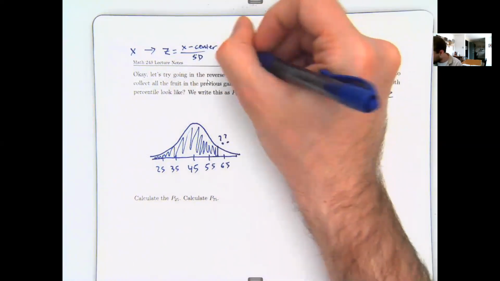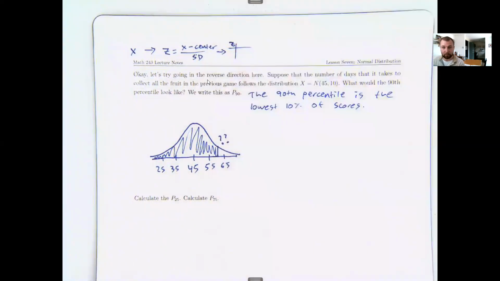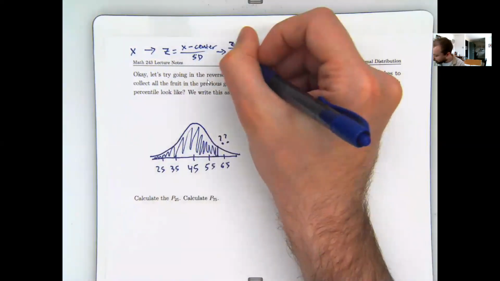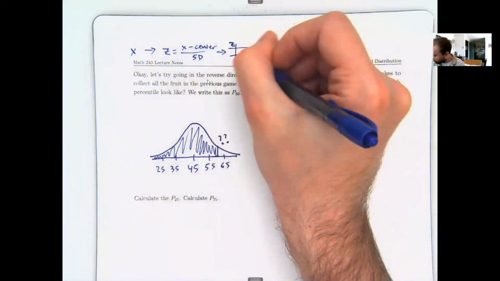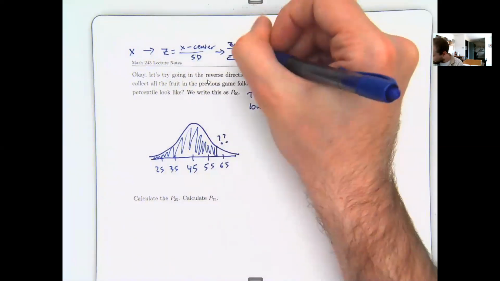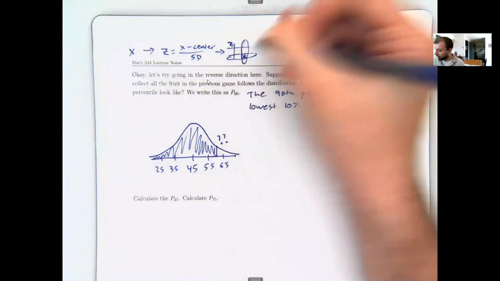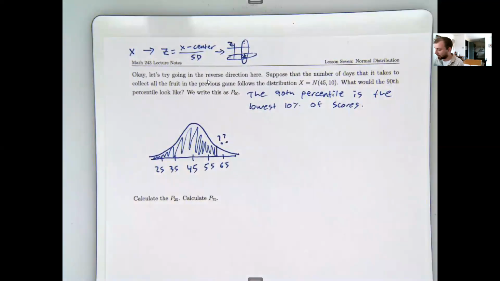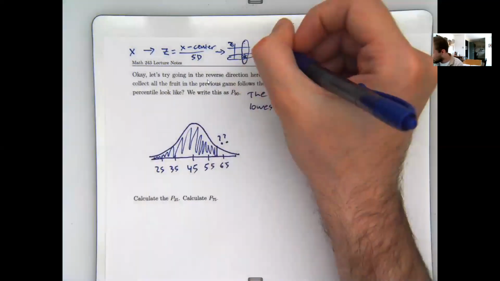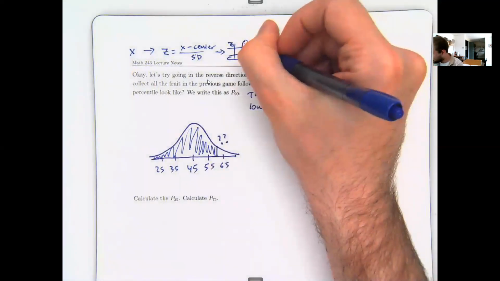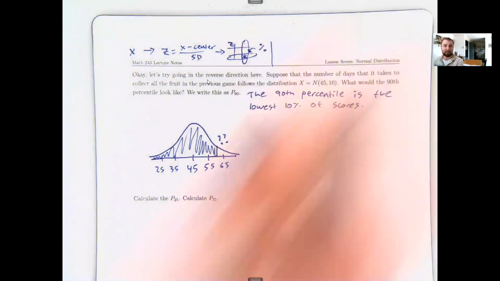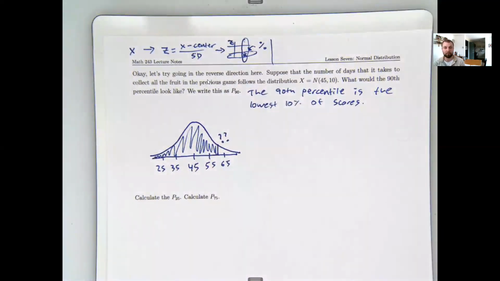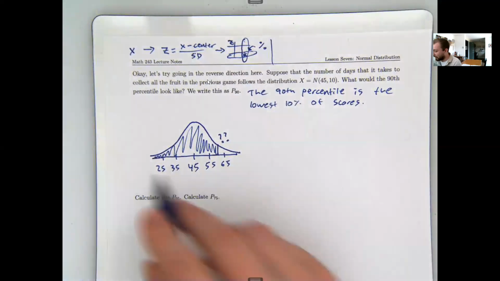And when I've been looking this thing up in my z-score table, I've been finding whatever that z-score starts out with, that row and the column, and I've been taking the spot where they meet. So I start with an x value, and I end the problem with a percentage that I'm finding inside of this normal table. This is kind of the opposite of that.